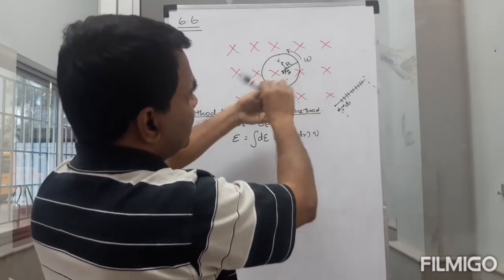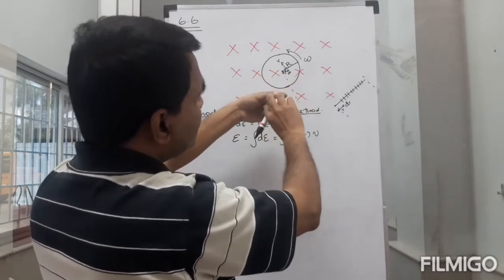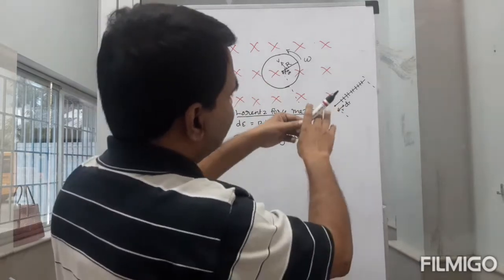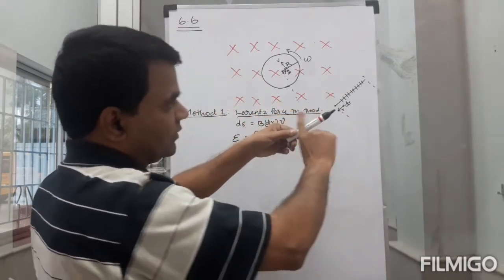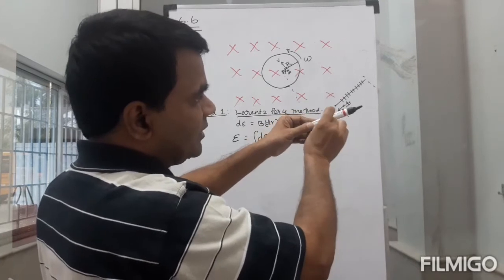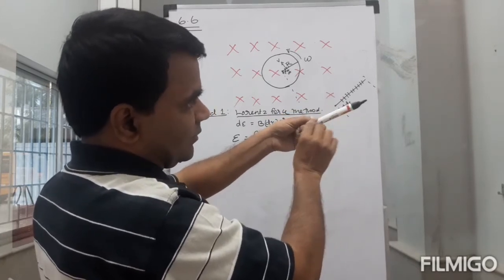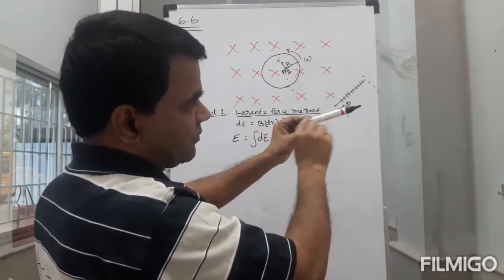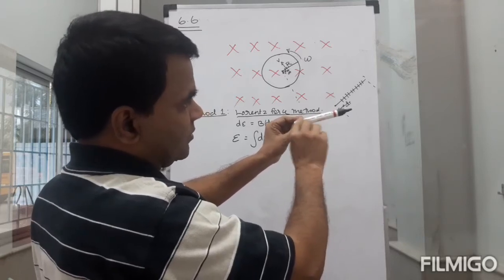That we know from our circular motion. So your linear speeds and velocities will be different at different distances from the center.